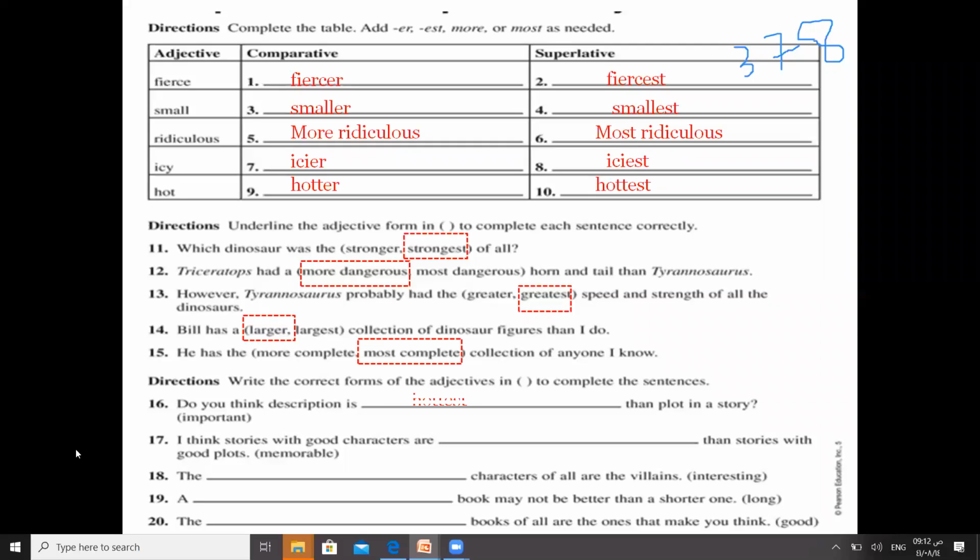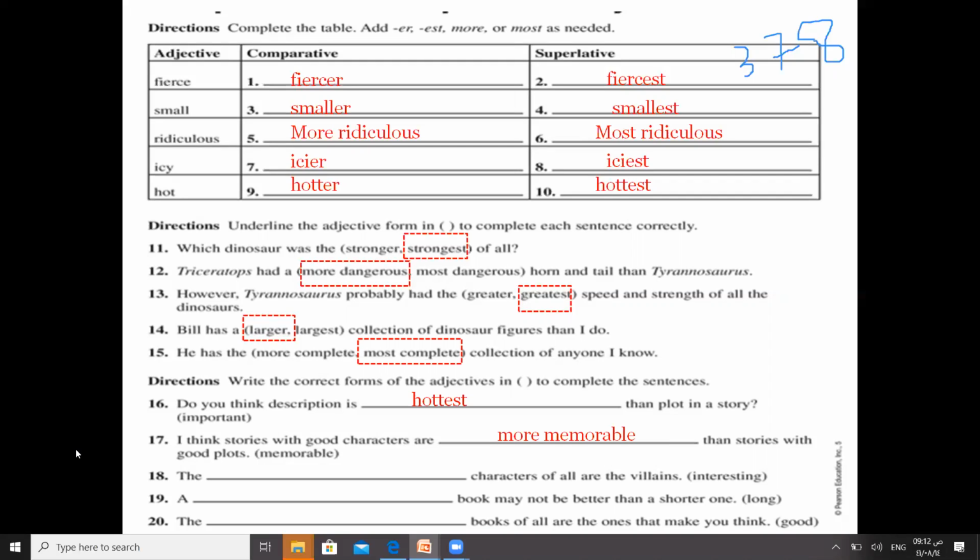I think. Oh my God, it's supposed to be more important, not hottest, okay? I'm sorry, my mistake. Put it with good characters or the world is memorable. Then stories are more memorable.